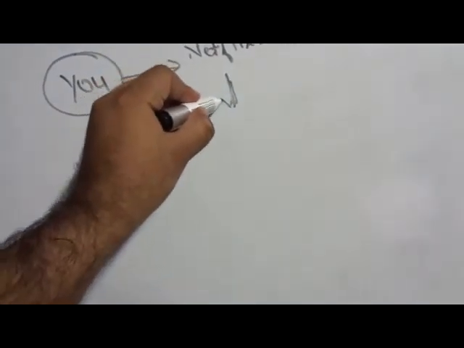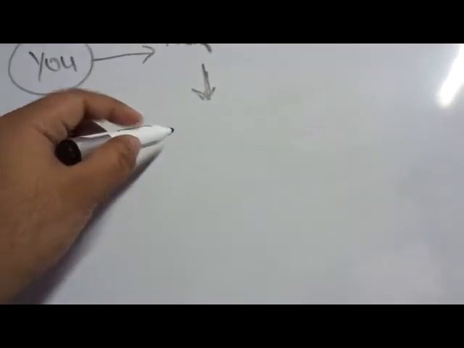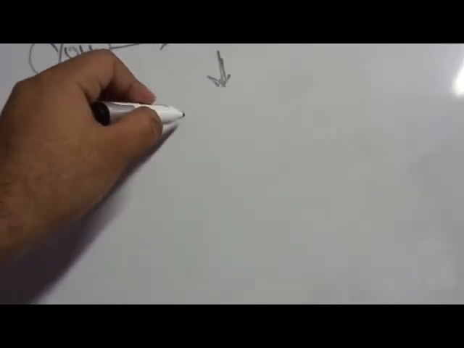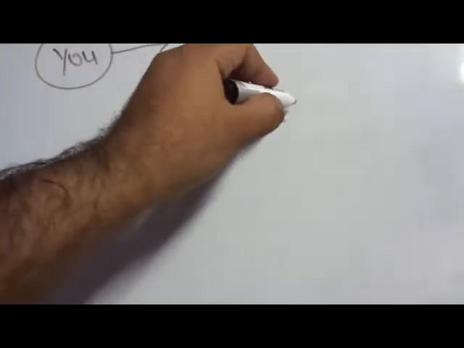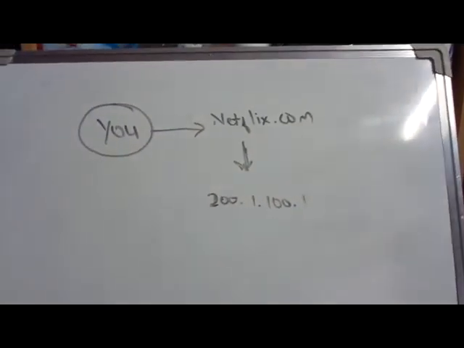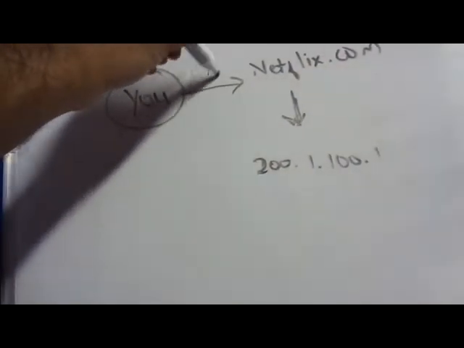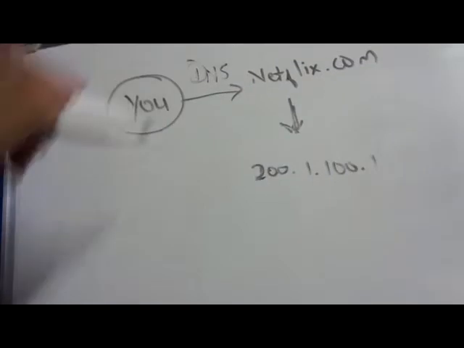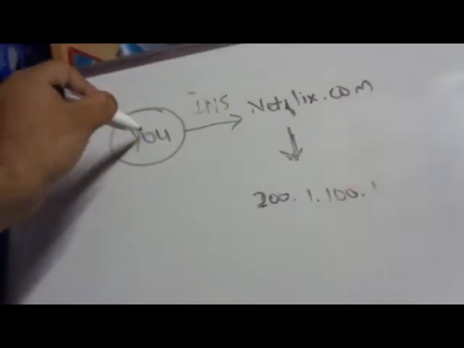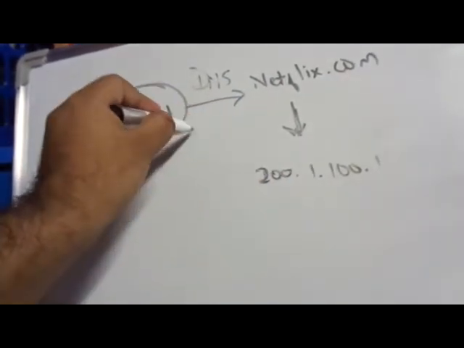This IP address is arbitrary, I'm just giving an example here. This is not the real IP address, but let's just say the IP address is 200.1.100.1. Essentially, when you search for netflix.com through your DNS, the DNS returns this back to you.